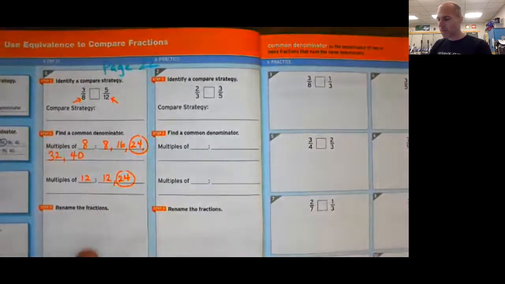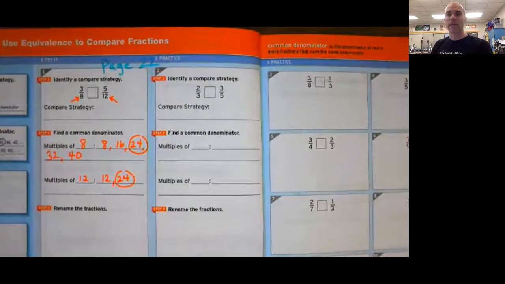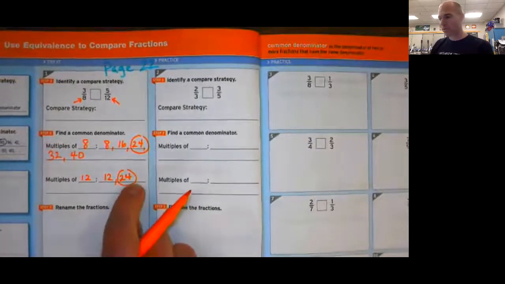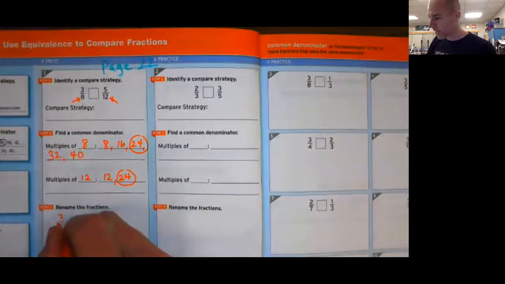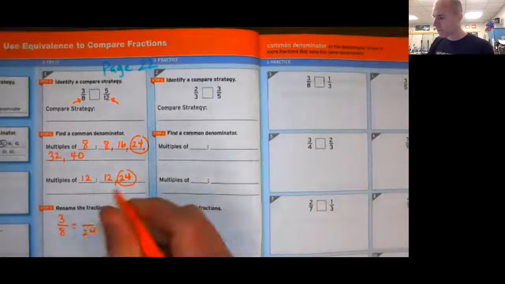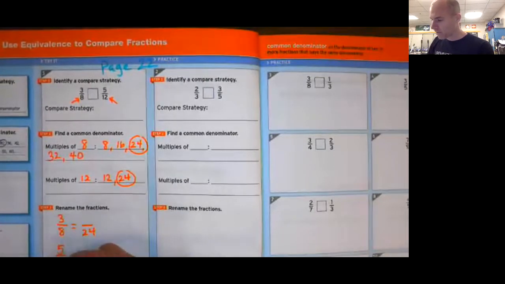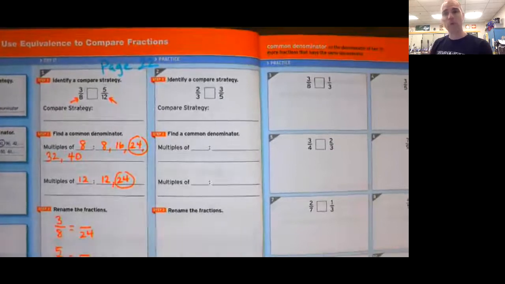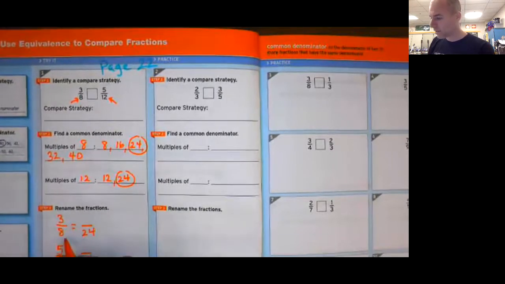And so it says rename the fractions. That's what I would say, rewrite them as equivalent fractions, but we want them to both have 24 as the denominator. So 3/8 is equal to something over 24, and 5/12 is equal to something over 24. Remember, the way we do this is we figure out what we are multiplying by.